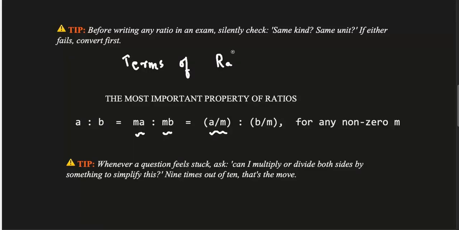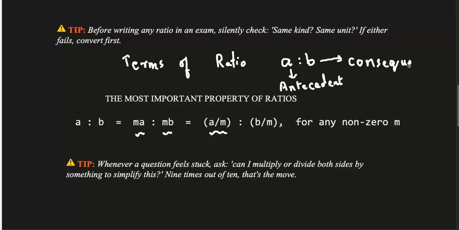If you are writing A is to B, the first term is the antecedent. The second term is known as the consequent. Antecedent always comes first, consequent always comes second.